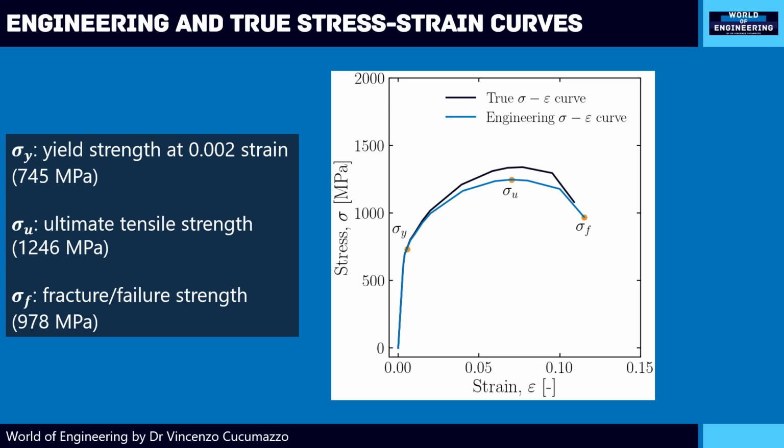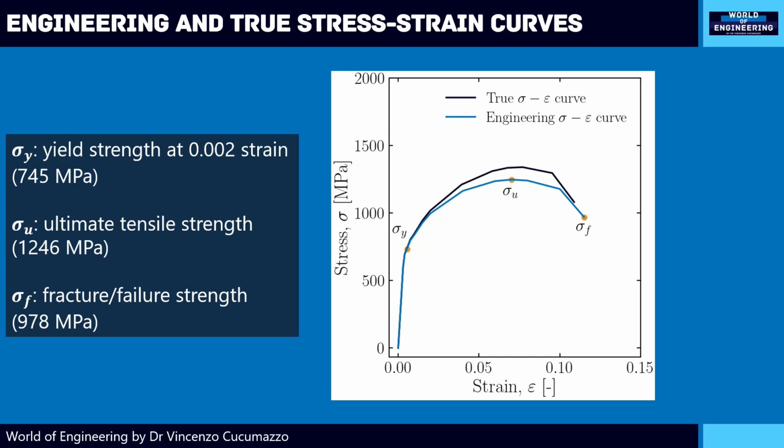We will see in the next video how this can be done. So this point basically indicates the yield strength of the material. At this stage, we have the so-called yielding phenomenon, where plastic deformations begin. Plastic deformations are basically deformations that are irreversible.